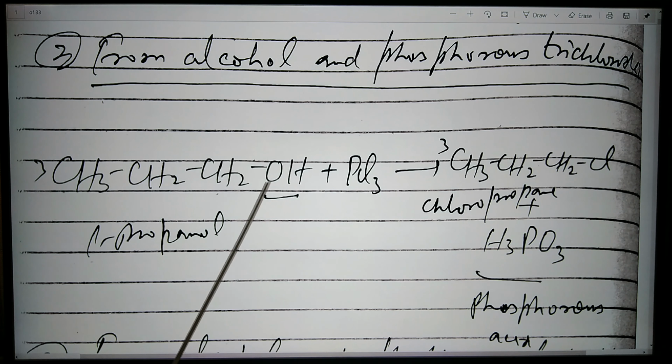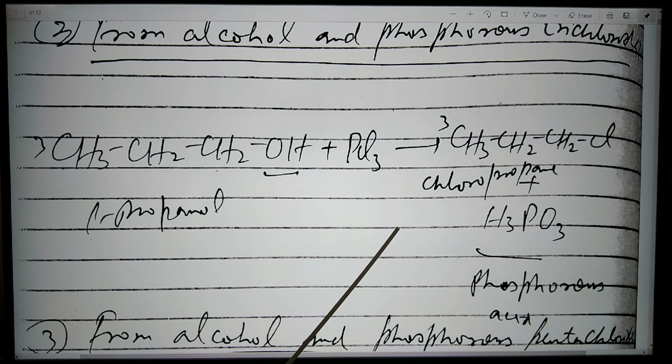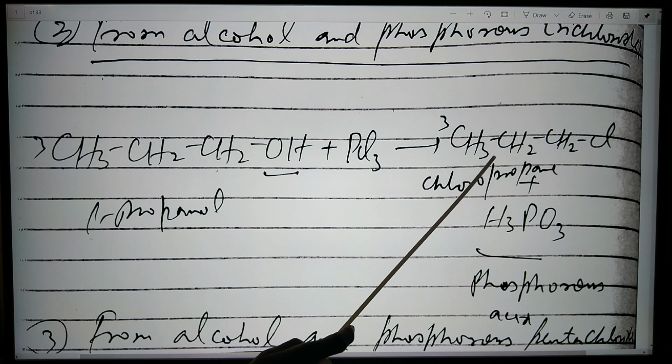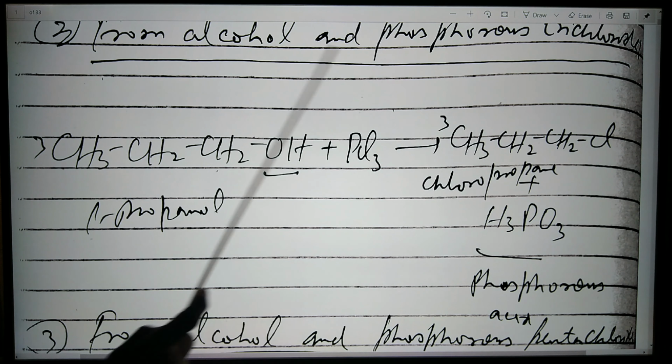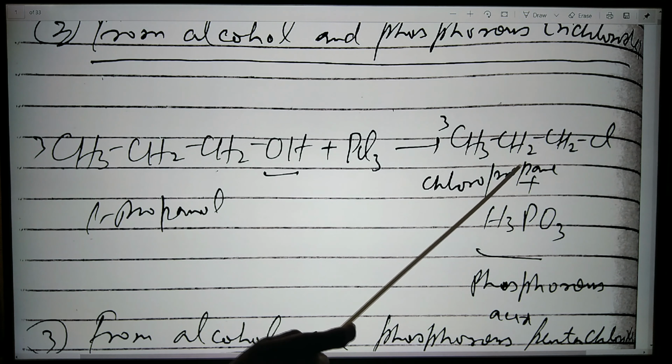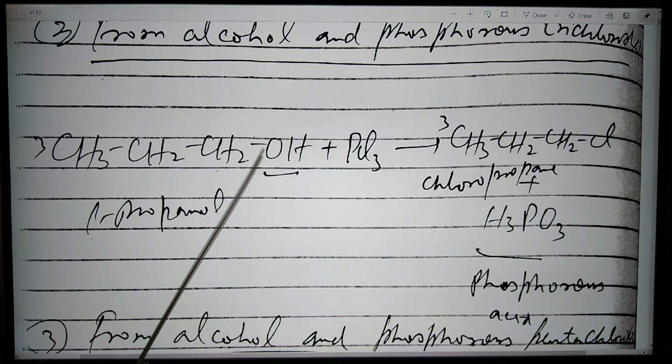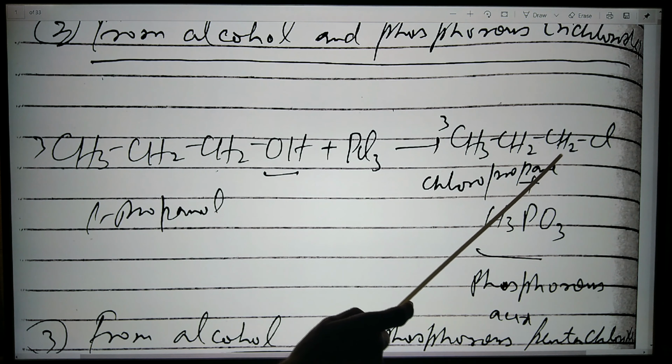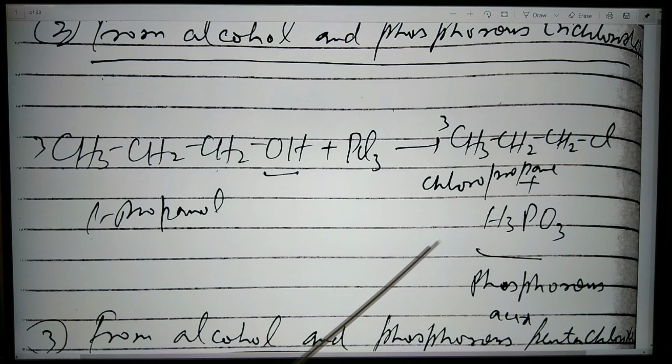So this OH nucleophile is replaced by Cl to form CH3CH2CH2Cl, and this is known as 1 chloropropane, along with H3PO3. To balance this Cl, put 3 here, similarly on this side, 3. We consider here the 1 propanol.